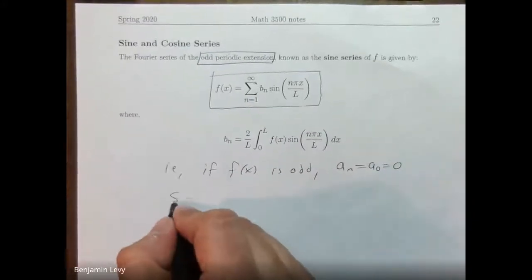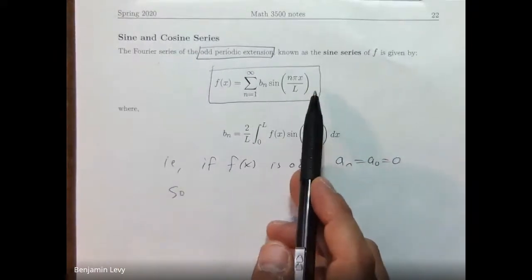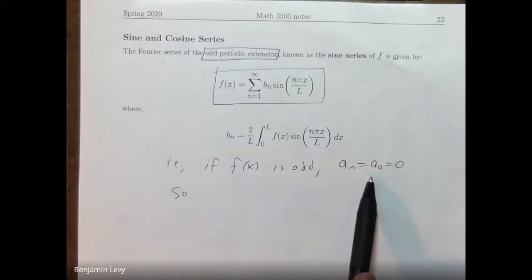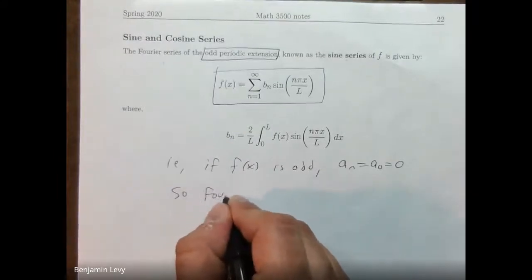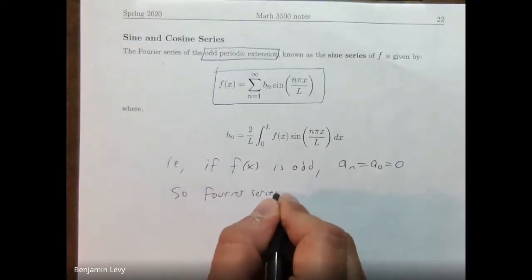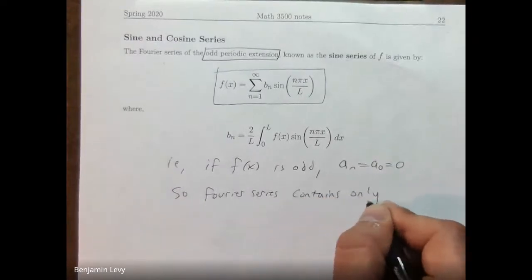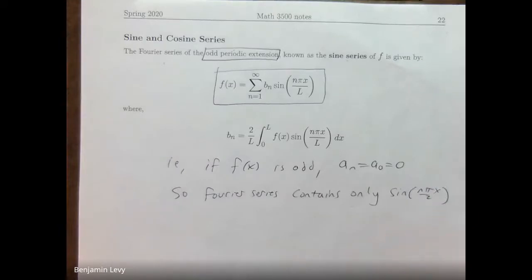The resulting Fourier series is only going to have the B_n with the sine term in it. That's why it's called the sine series. If you have an odd function, you get two zeros for two of your coefficients, so the Fourier series will contain only the sine term. That's called the sine series, like it says.